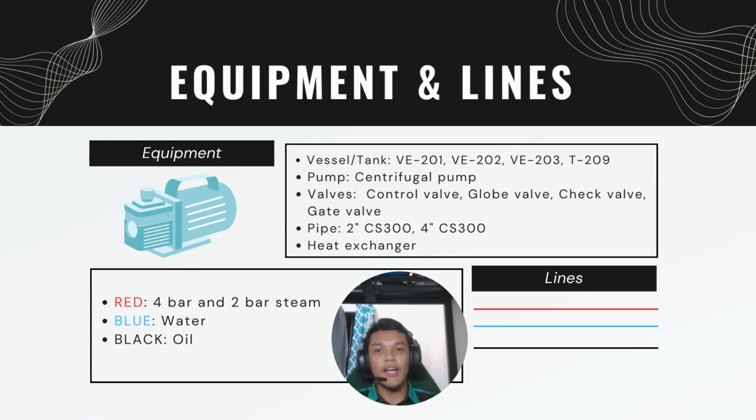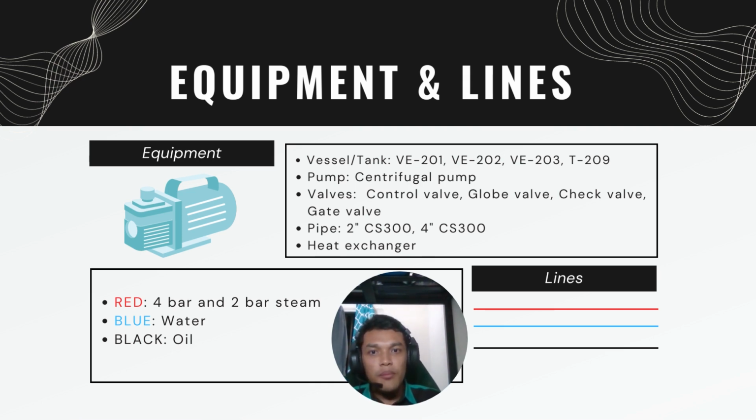For equipment and lines, for this project, we have used a few equipment and a few lines. For equipment, first we have vessels and tank. For vessels, we use VE201, VE202, and VE203. For tank, we use T209.